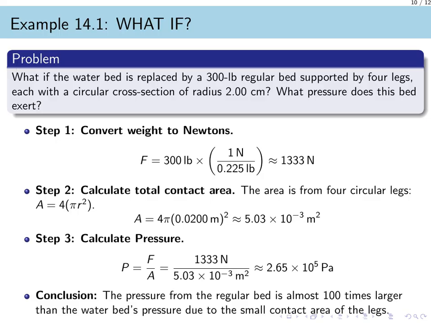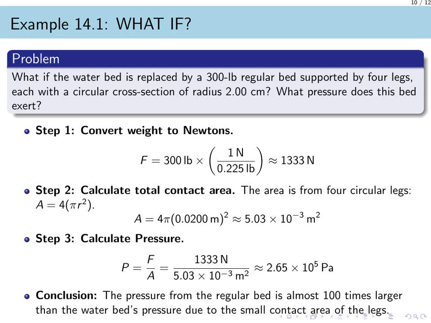The weight is supported by 4 circular legs, each with a radius of 2 centimeters. The area of one leg is pi times the radius squared. Multiplying by 4 gives a total contact area of only about 5 times 10 to the power of -3 square meters.